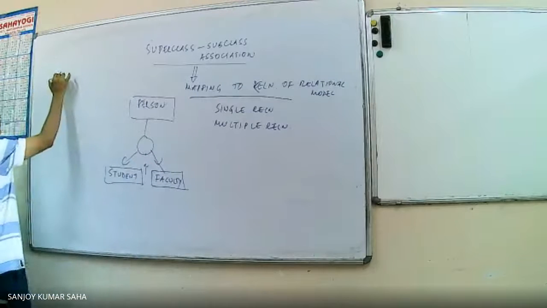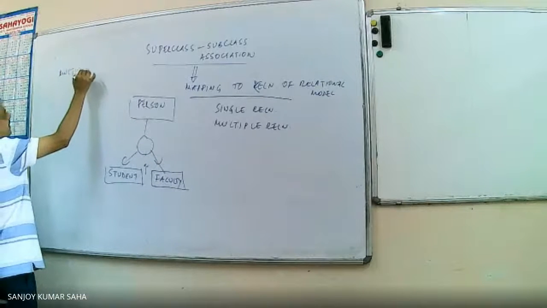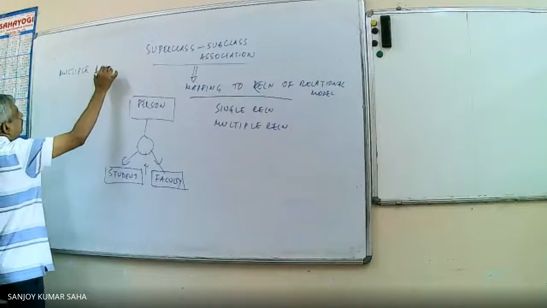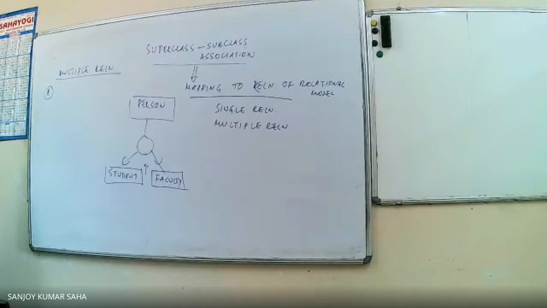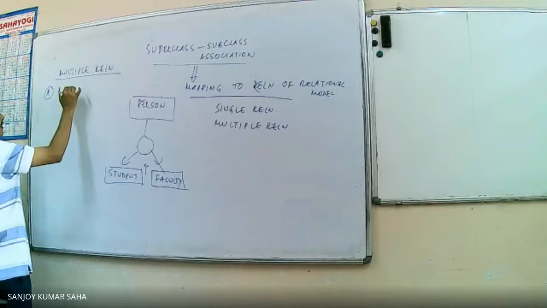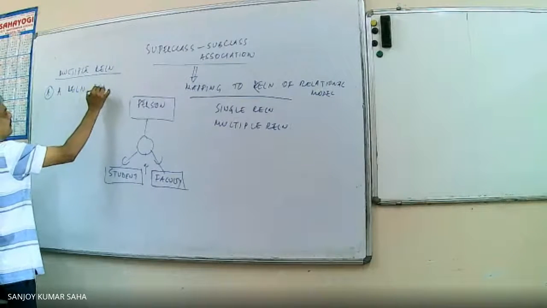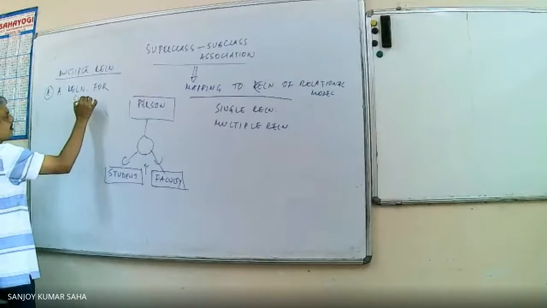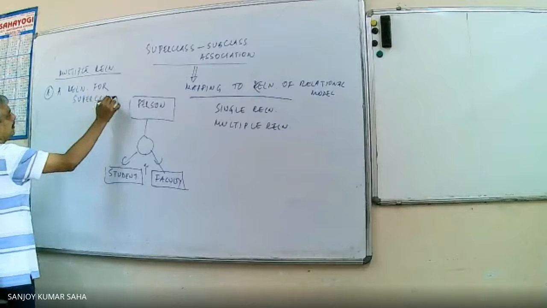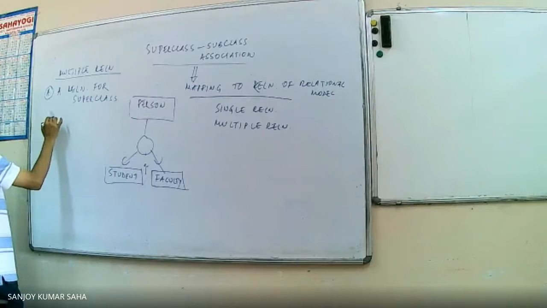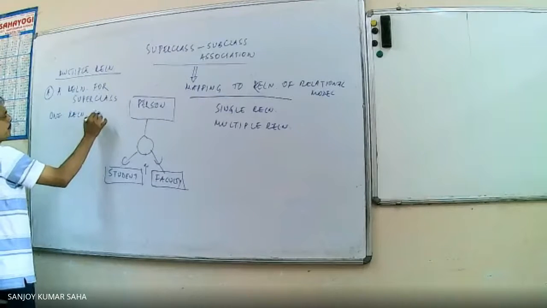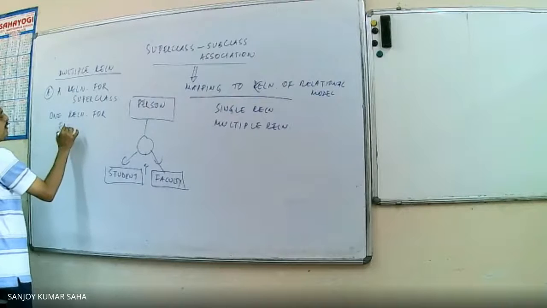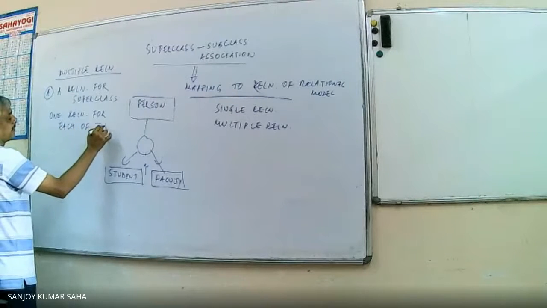If we go for mapping into multiple relations, then one case may be a relation for the superclass and one relation for each of the subclasses.